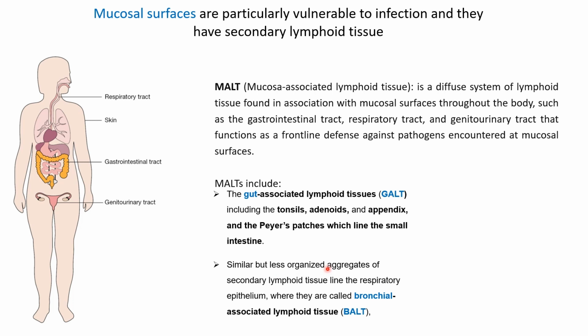Less organized doesn't mean less important. On the contrary, the MALTs are non-encapsulated. This means that the immune system has to be exactly right on the front line rather than sitting behind the skin, waiting for antigens to be drained into it from the lymphatics. So the fact that bronchial associated lymphoid tissue is less organized doesn't mean that this is less significant.